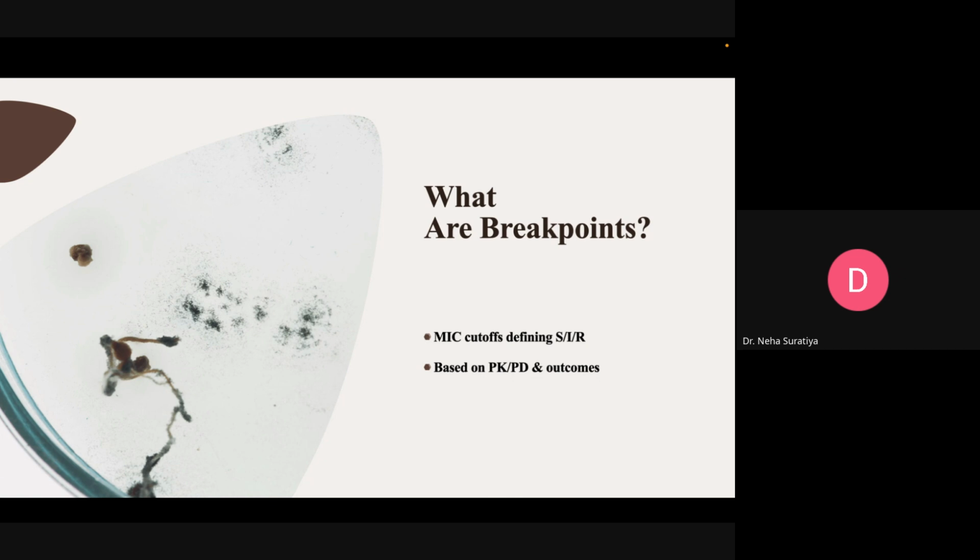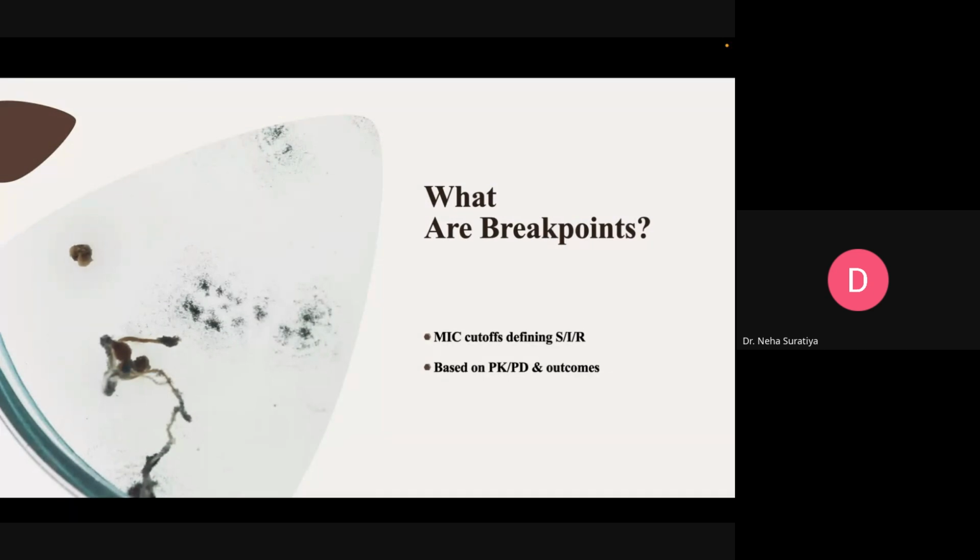So till now we have talked about MIC as a number, guys. But a number alone doesn't tell us whether we can use the antibiotic or not. This is where the breakpoint comes in. The breakpoint is the cutoff MIC value decided by an expert committee that tells us below this MIC, the drug will likely work.